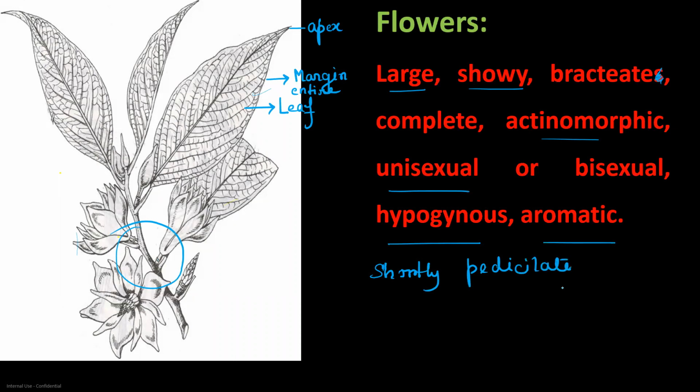Shortly pedicellate means the pedicel is very short. It's not too long. They are usually bisexual, unisexual in Kmeria.